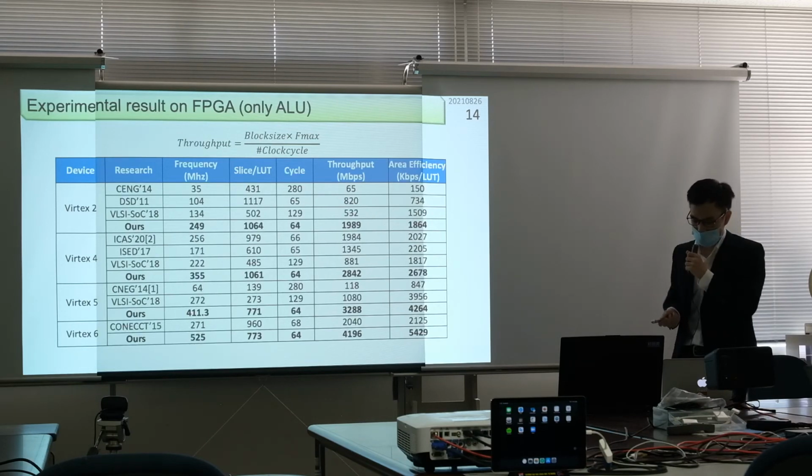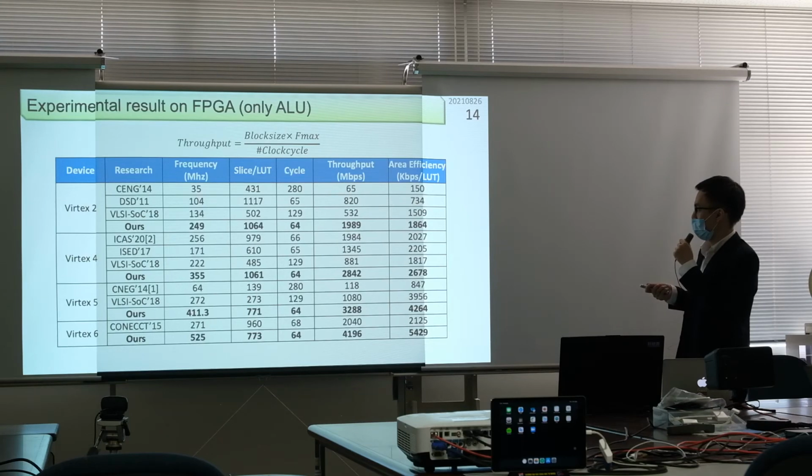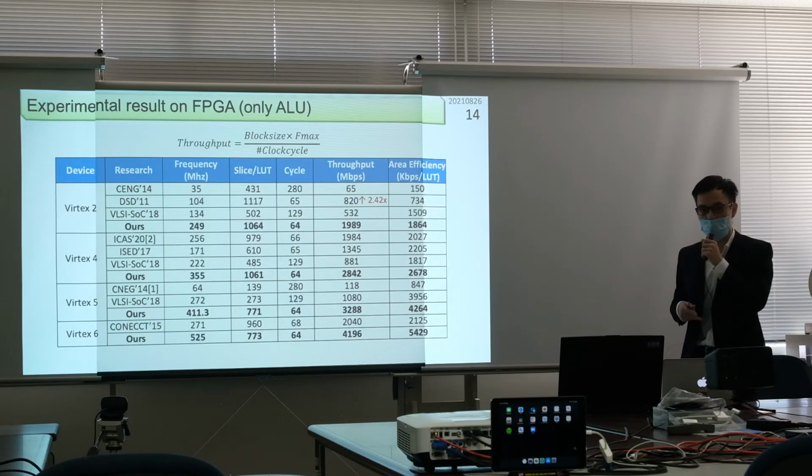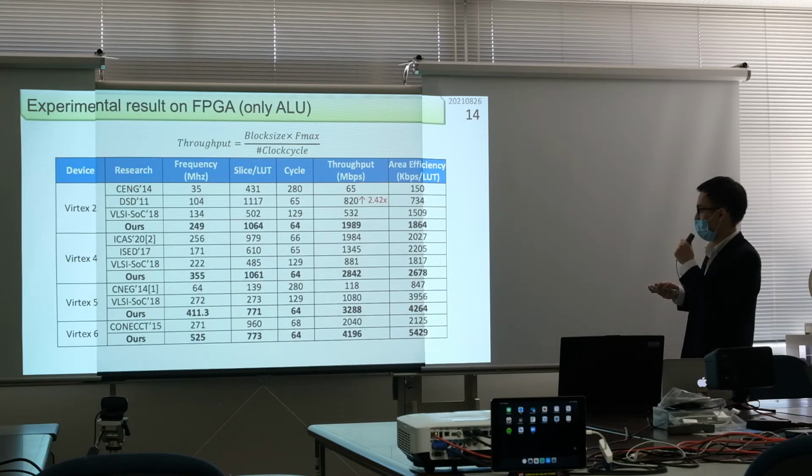This is the latency result, and as you can see, our architecture achieves smaller latency. In the case of throughput, because we use the pipelined stages and parallelize the computation of the ME and the MC, we can get high throughput. On the version 2 platform, we achieve more than 2 times higher than the previous design.